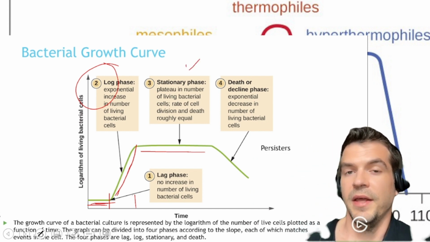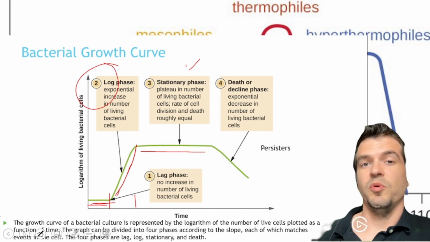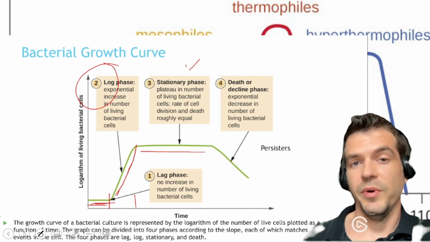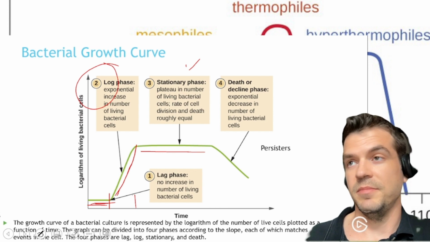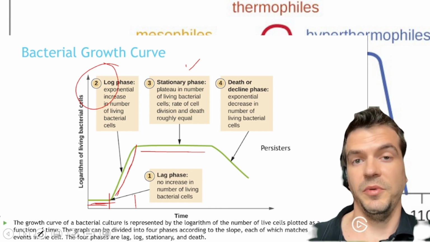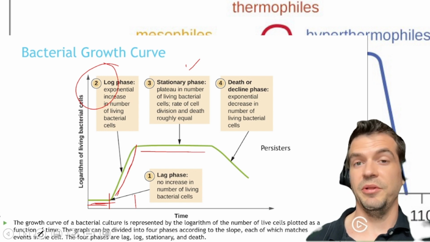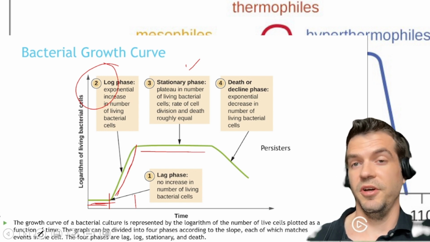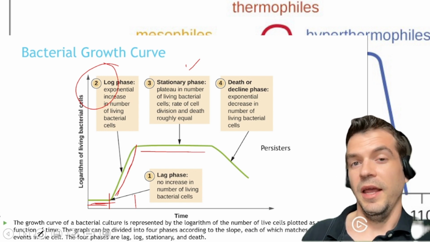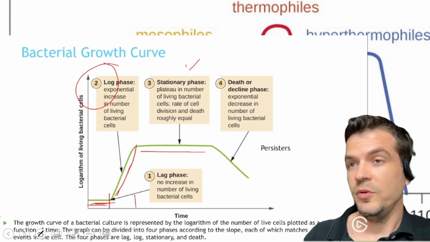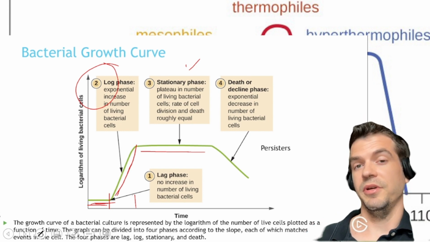Now this graph is very important. There will be multiple questions on the final exam about the bacterial growth curve. That's why we learned it before in the cell chapter, and we're learning it now. There's going to be multiple questions on it. And if you are confused at all, we can go over it together again.